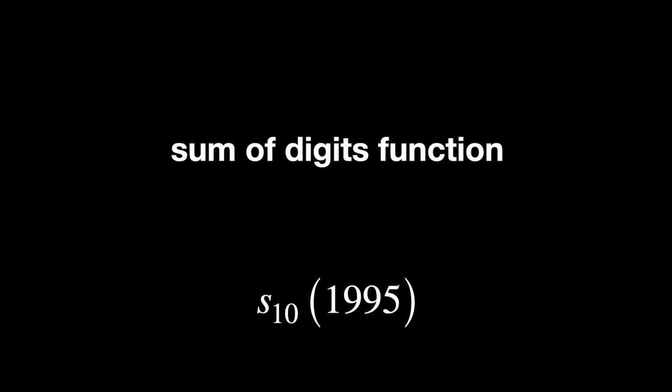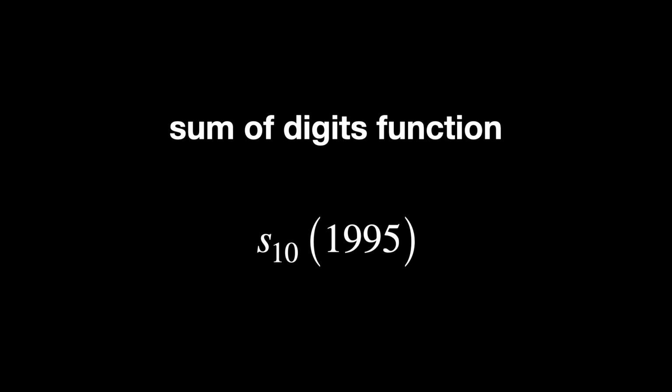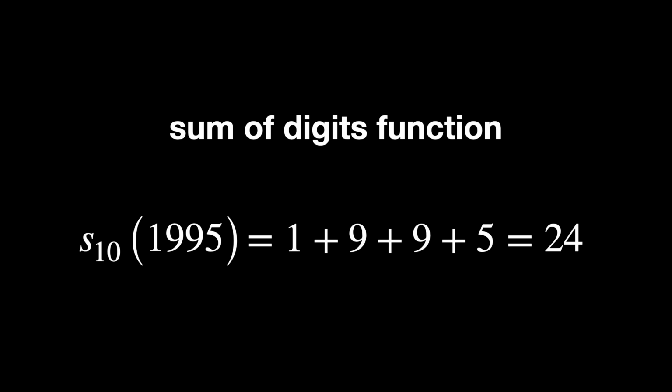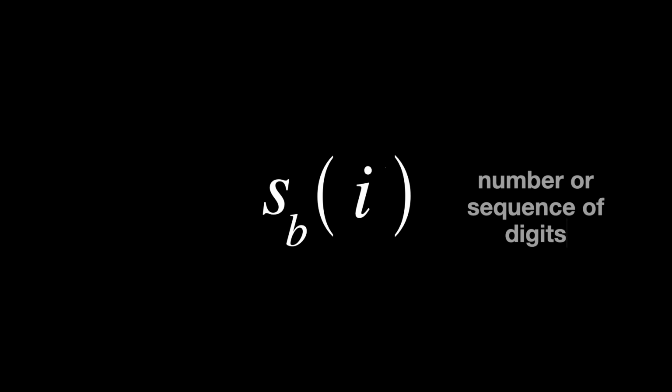The sum of digits function is actually very simple. For example, the digit sum of the decimal number 1995 would be 1 plus 9 plus 9 plus 5, so 24. All you need in order to define this function is a number i, or a sequence of digits, and a base b, so that you can calculate s in base b of i.